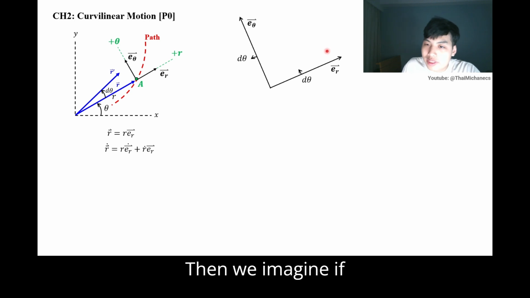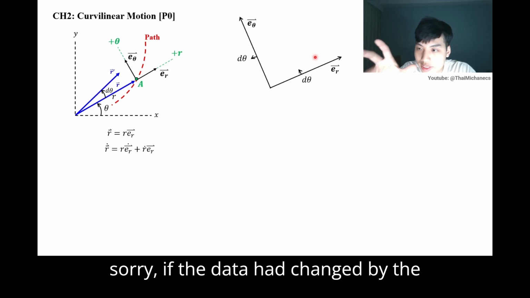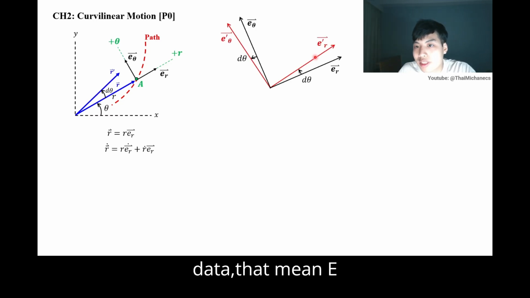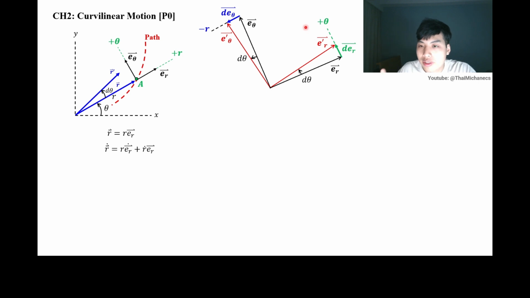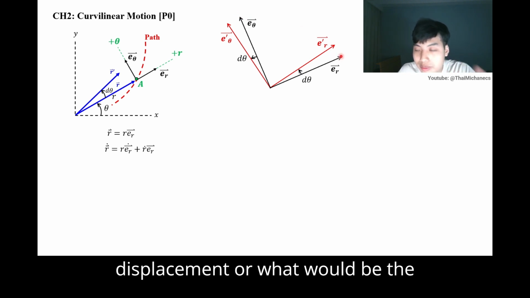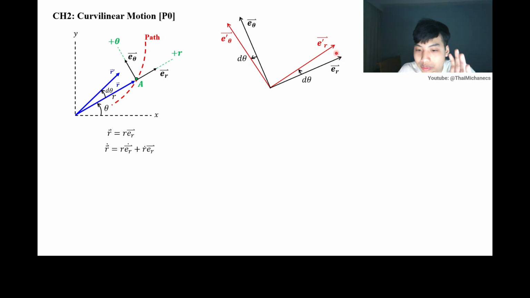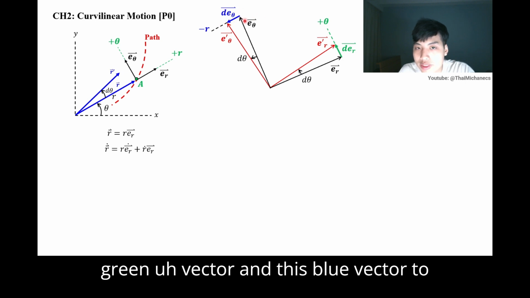We imagine that if theta changed by d theta, then e_r prime and e_theta prime will look like this in the red line. In the same sense, to determine the resultant vector of this change, we draw this green vector and this blue vector to indicate those.